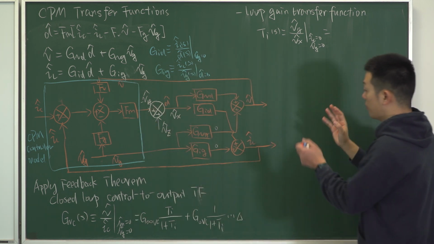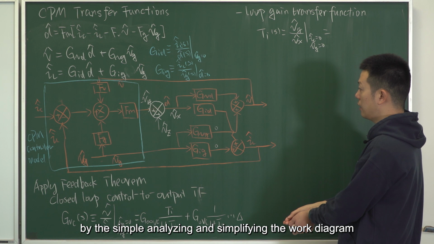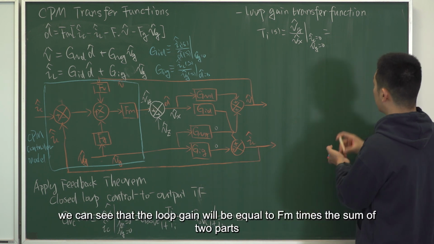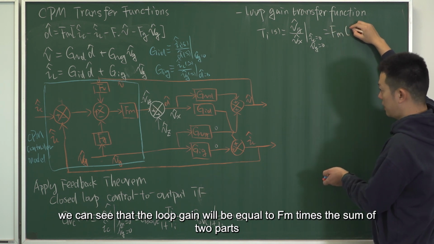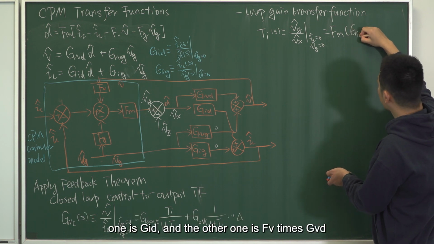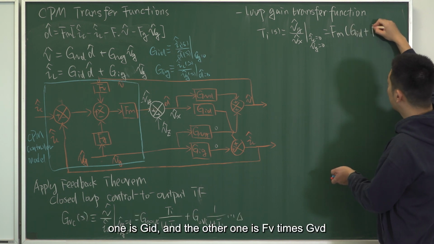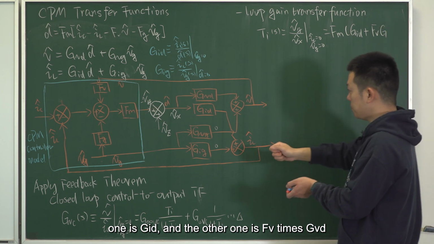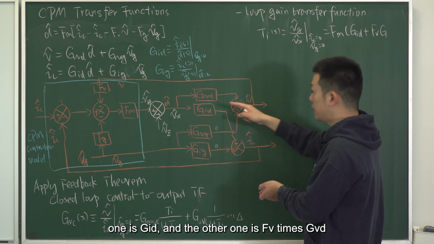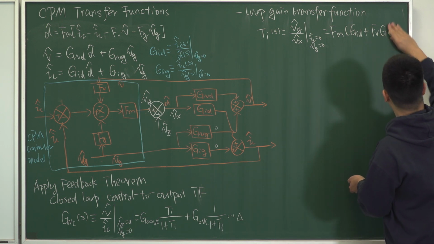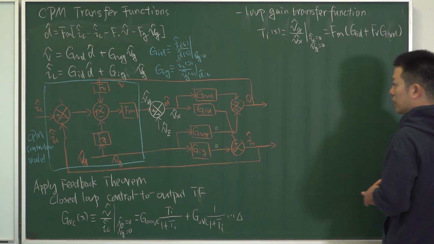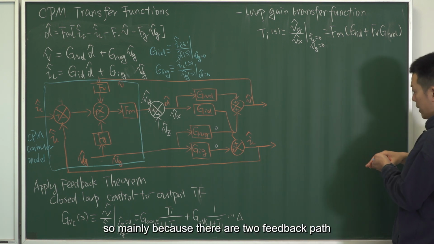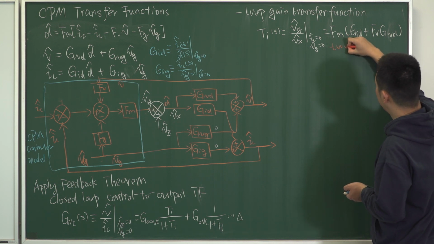So by simply analyzing and simplifying the block diagram, we can see that the loop gain will be equal to Fm times the sum of two parts. One is GID, and the other one is Fv times GVD. Mainly because there are two feedback parts.